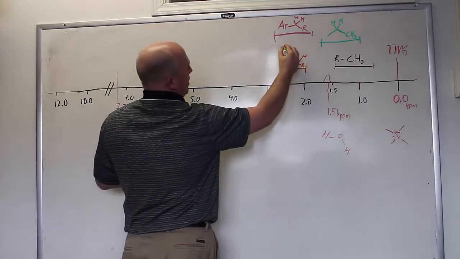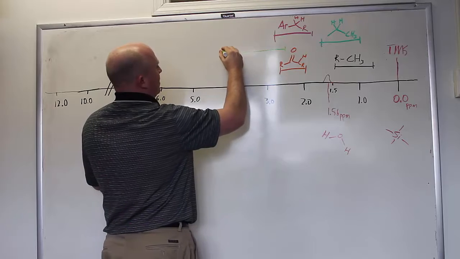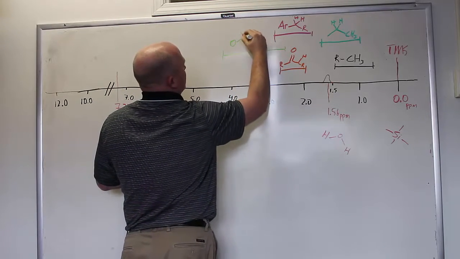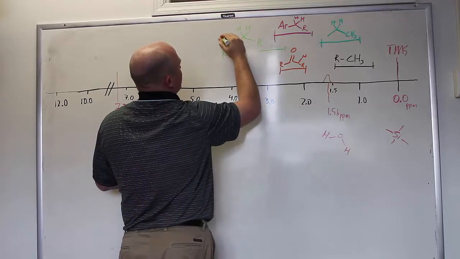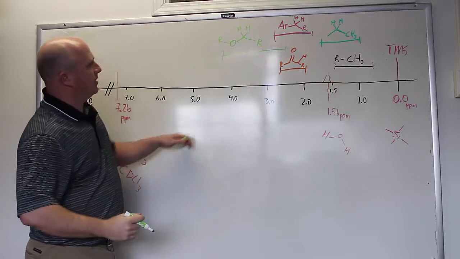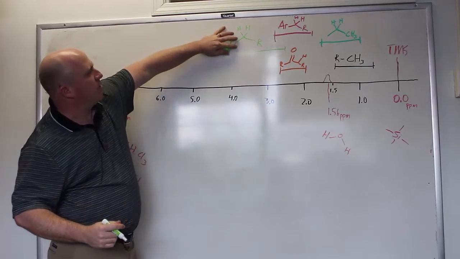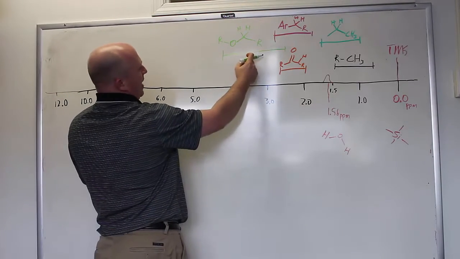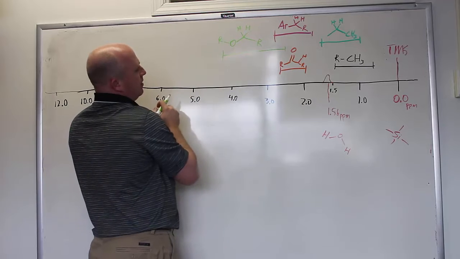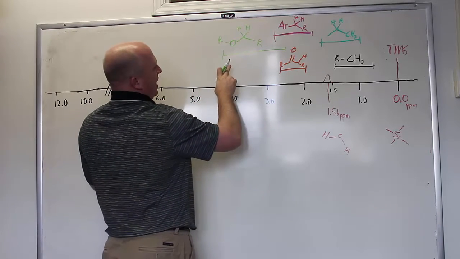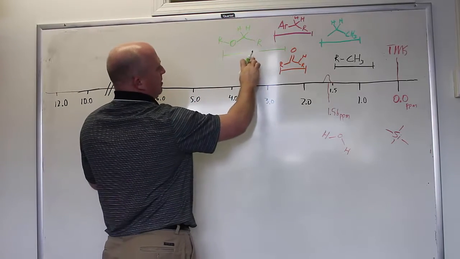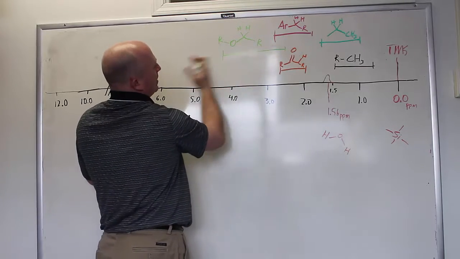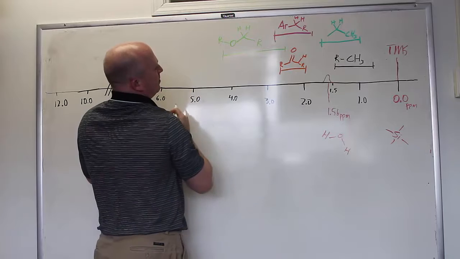Generally between say 2.5 and like 4.5 is going to be some electronegative atom, like say an oxygen, and it'll be the hydrogens that are bound on the carbon next to the oxygen. Or maybe this would be a chlorine or a nitrogen or something like that. The more electronegative the atom, the more left you are. The more electropositive the atom, but still more electronegative than carbon, the further right you are. So nitrogens and sulfurs are down that way, oxygens and chlorines and fluorines are up to the left.